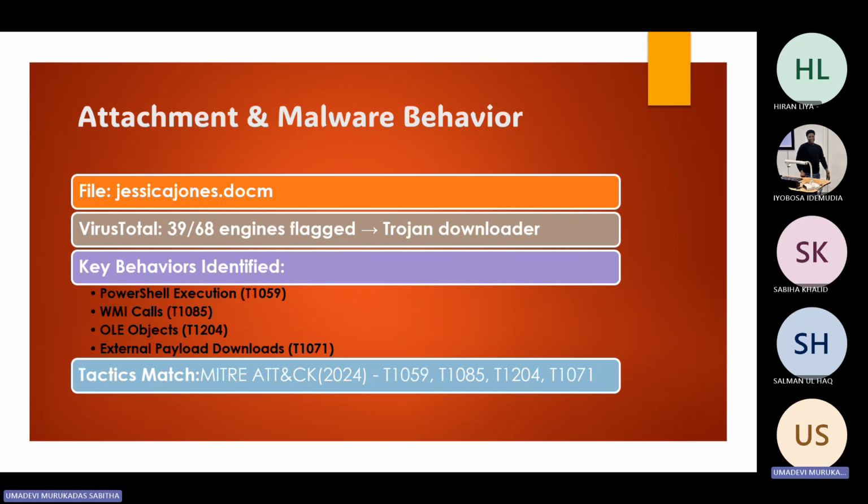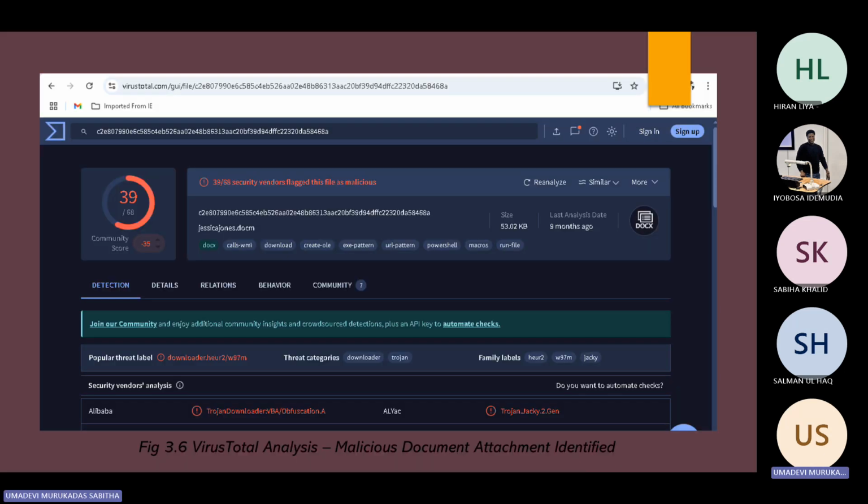I have used VirusTotal for the malware analysis of the attached document. As you can see here, the jessicajones.docm attachment was flagged by 39 out of 68 antivirus engines on VirusTotal. It behaves like a Trojan downloader. The key behaviors include PowerShell execution, WMI calls, and the use of OLE objects, all typical signs of post exploitation activity.